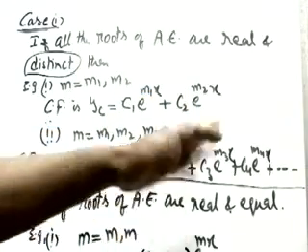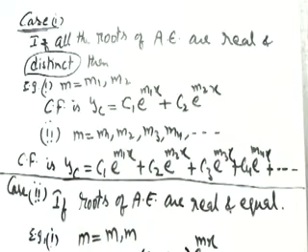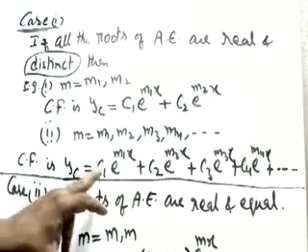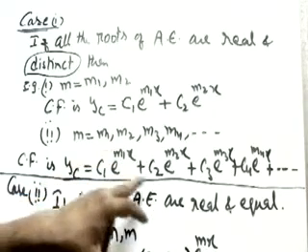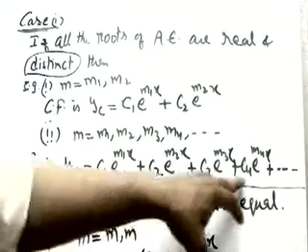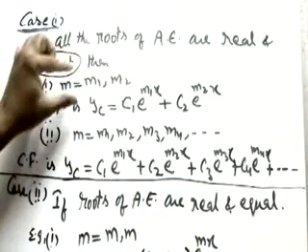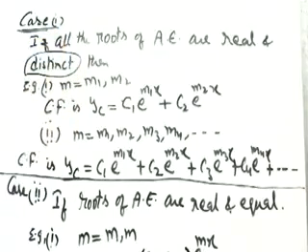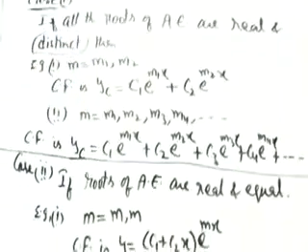Suppose we have m1, m2, m3, m4, then yc = c1 e^(m1 x) + c2 e^(m2 x), similarly c3, c4, like that, for distinct values of m.